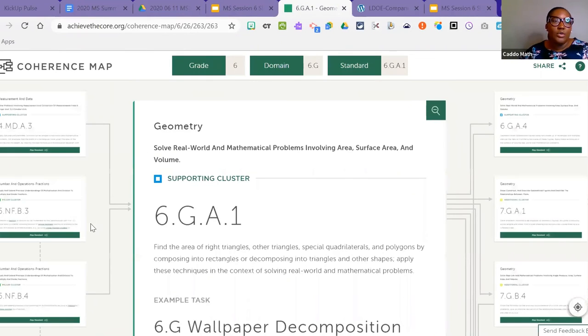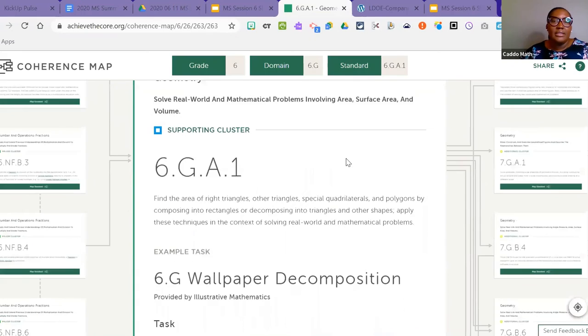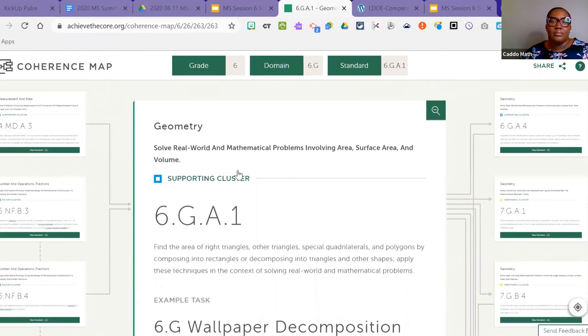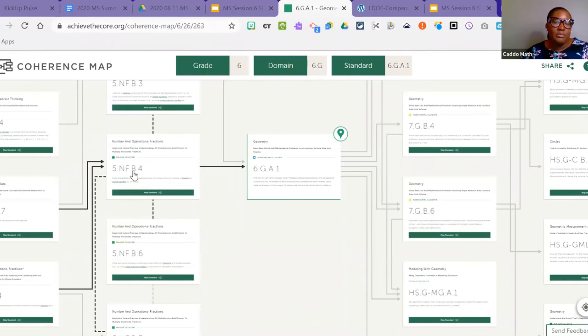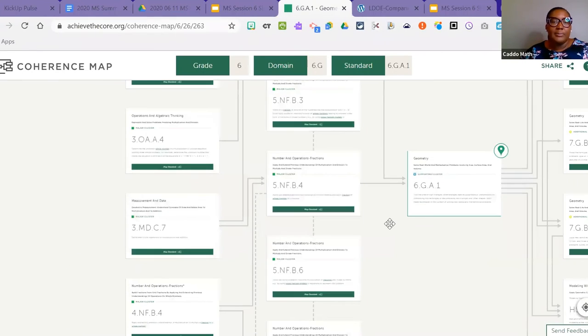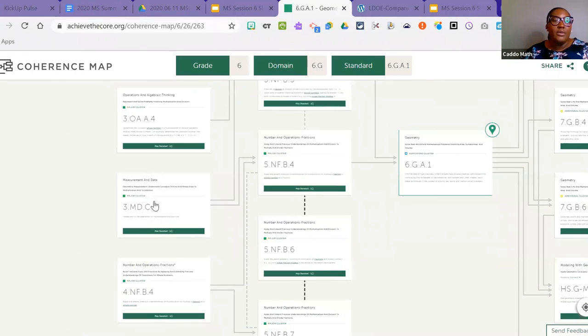And as I go through, you'll find that, yes, 6.G.A here is in the middle. We'll find that 5.NF.B.4 is listed as a standard we should learn. And then we find that 3.MD.C ties right into that 5th grade standard.